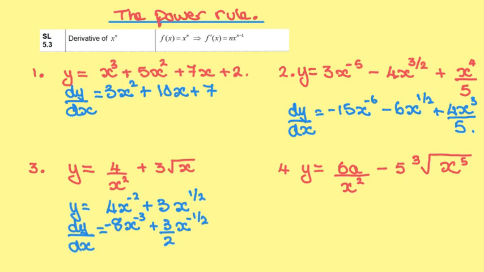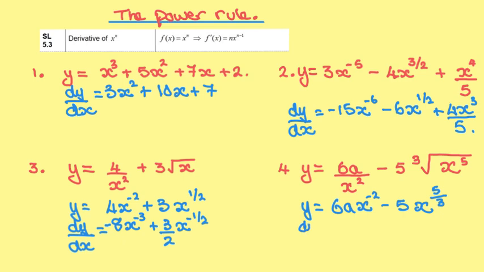And question 4, again, they're not powers yet. So again, we can bring the x squared to the top. So we get y is equal to 6a x to the minus 2 minus 5 x. The root goes on the bottom, so it's going to be over 3, and the power goes on the top, so it's going to be 5 over 3.